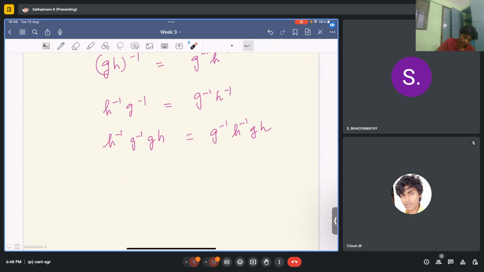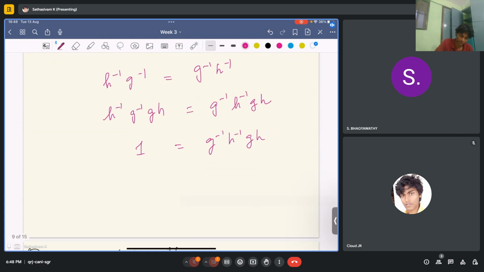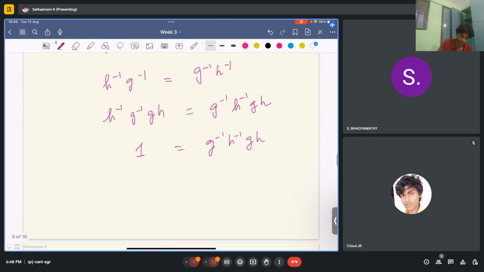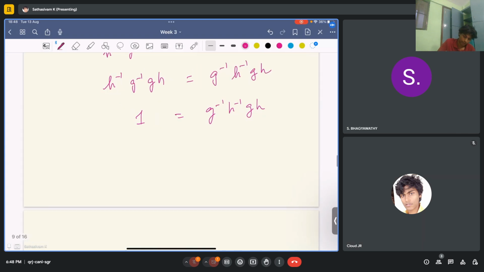If you look here, this cancels out, this cancels out, and this cancels out. So totally this is identity. This is equal to g inverse h inverse gh. Okay. So if you know the commutators, you can directly conclude from here that the group commutes. But anyway, we'll do one more step, then it will be more clear.